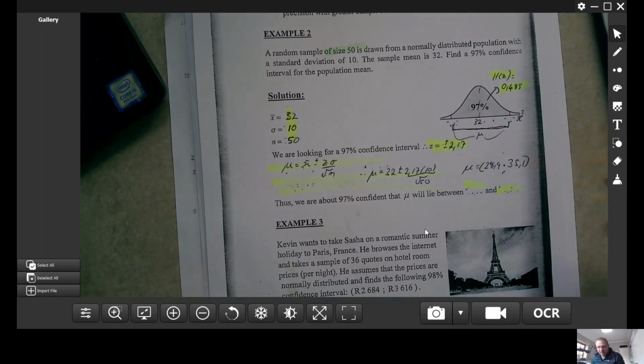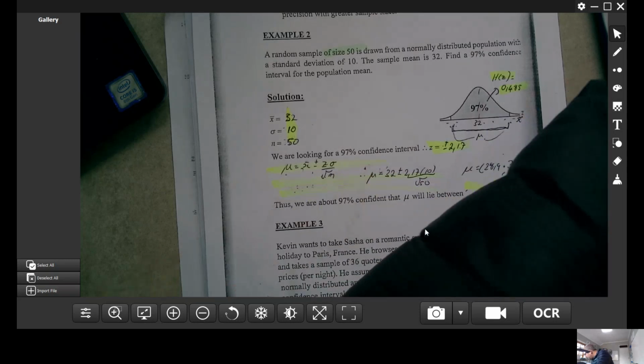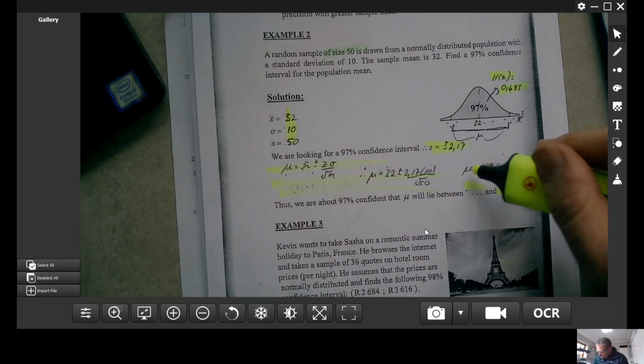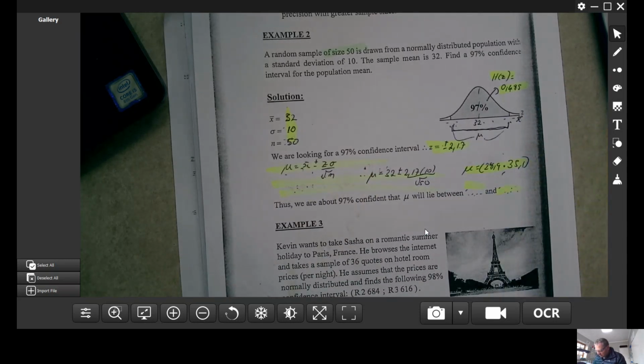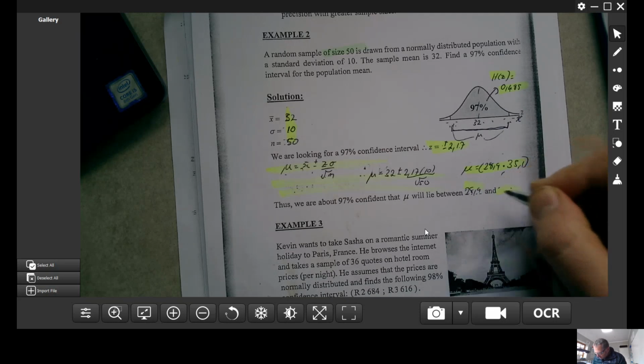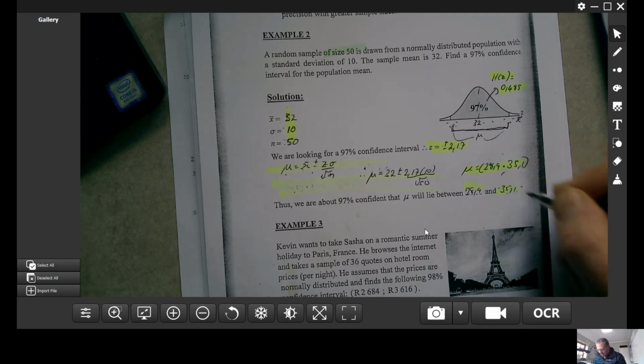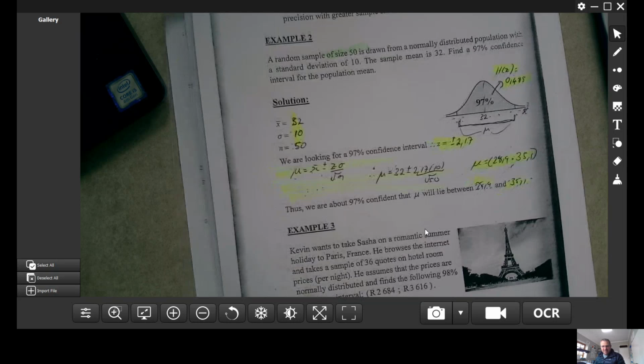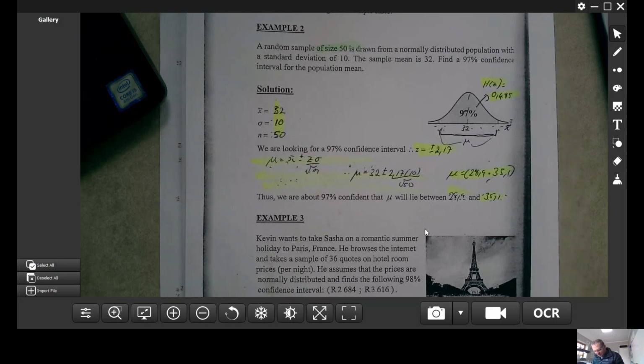So, to one decimal place, with 97% confidence mu lies between 28.9 and 35.1. Fantastic. Make sure you understand that.